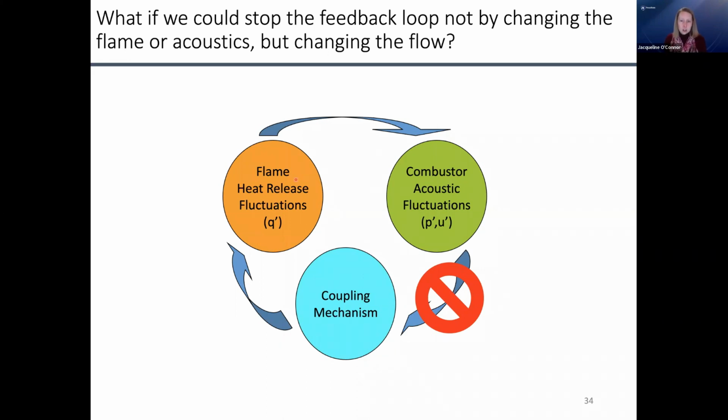And it really goes towards better aerodynamic design for the injector. In particular, we're really interested in how do you design a flow field to suppress the receptivity of the flow to acoustics so that this part of the coupling mechanism never happens, so that the flow doesn't respond to the acoustics, and so it never causes flame heat release rate oscillations.